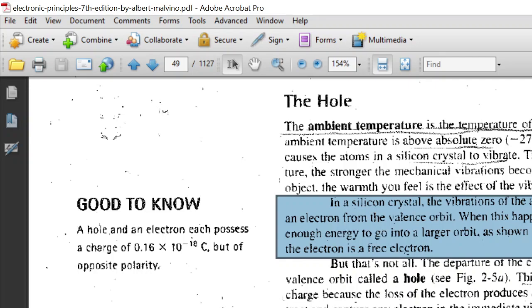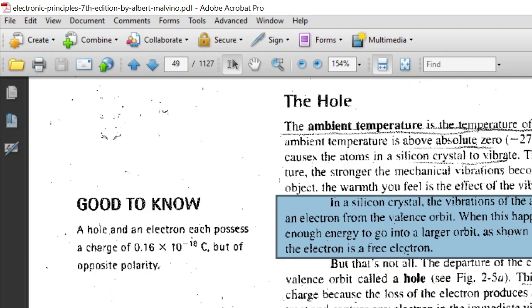So there is a mechanical vibration, and this vibration sometimes causes an electron to be dislodged from the valence orbit. When this happens, the electron has gained some energy and goes to a higher orbit.